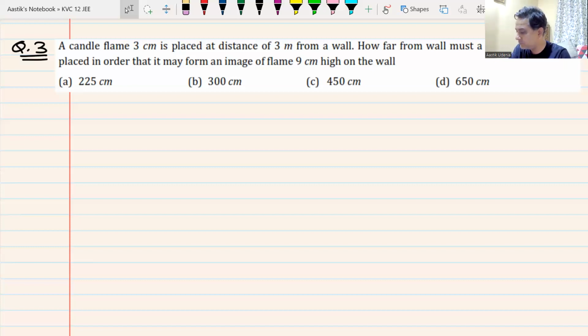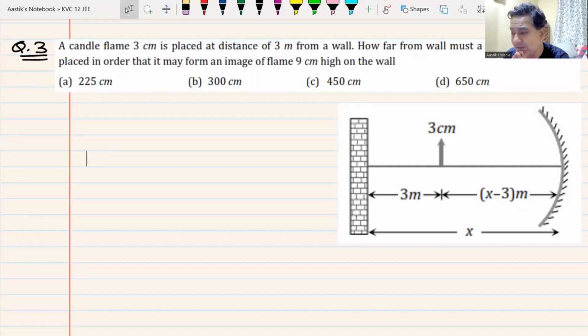Yes, sir. You have given up? Okay, what I'll do is share this screen and show you a diagram. Maybe after that diagram, you may be able to solve this question. So as a hint, I have given you a diagram. Can you solve the question now?